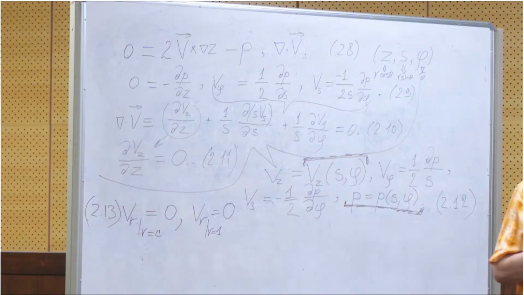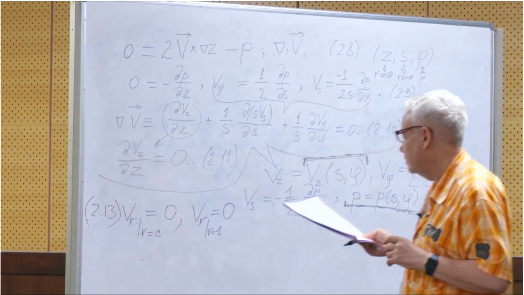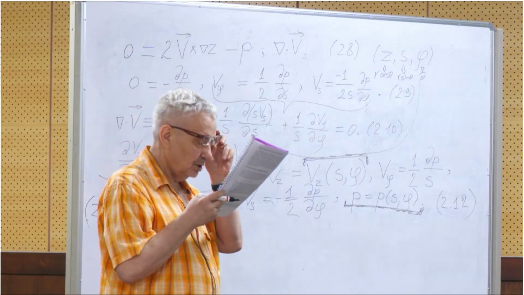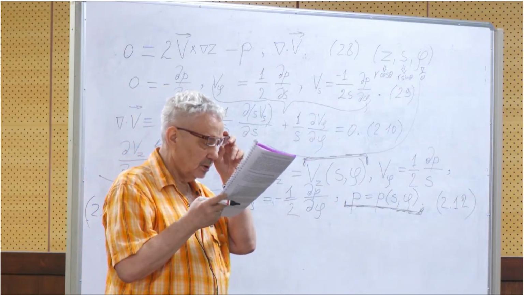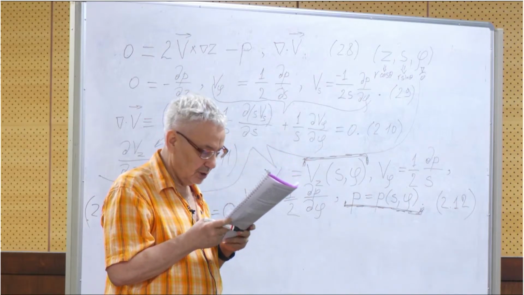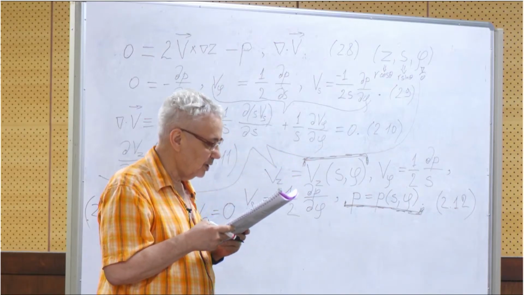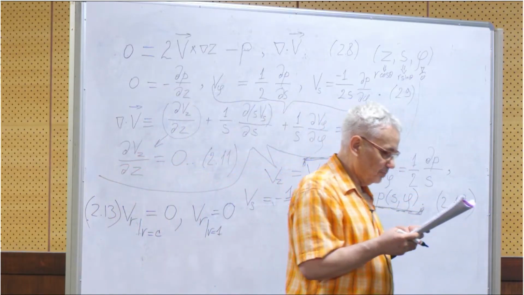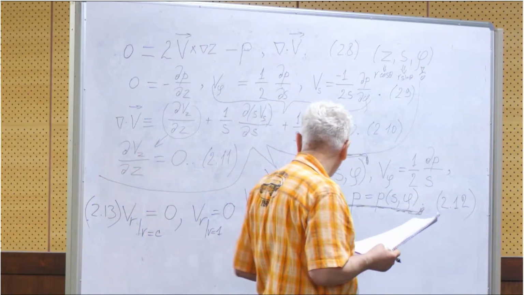Accordingly, if we apply this two-boundary condition, very simple two-boundary condition, then the geostrophic flow under consideration in the main volume is determined by 12 with boundary condition 13.